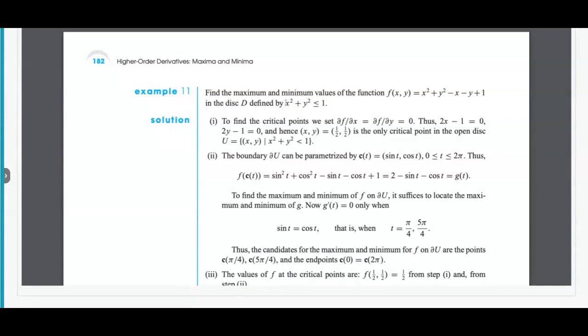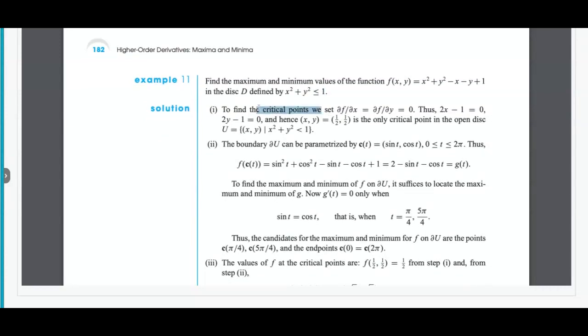The boundary points are x squared plus y squared equals 1, the unit circle. So we just have 4 steps. First, find all critical points by setting the gradient of the function to be 0. Then we find that (1/2, 1/2) is the critical point on the open set x squared plus y squared less than 1.